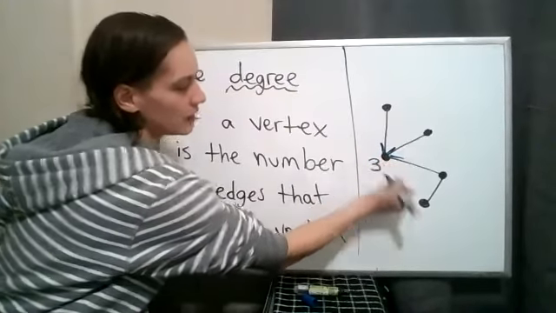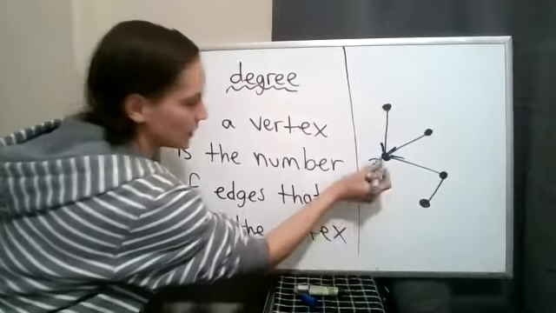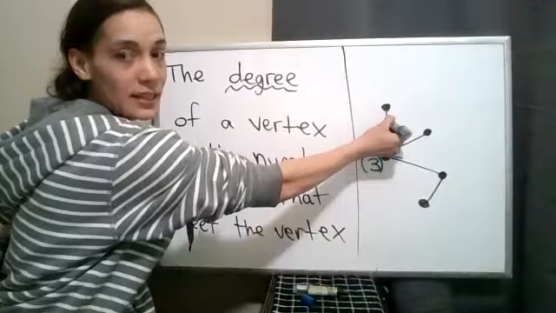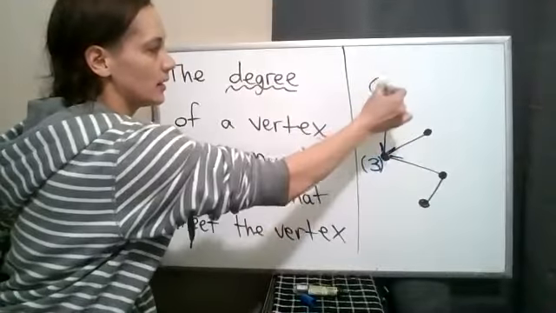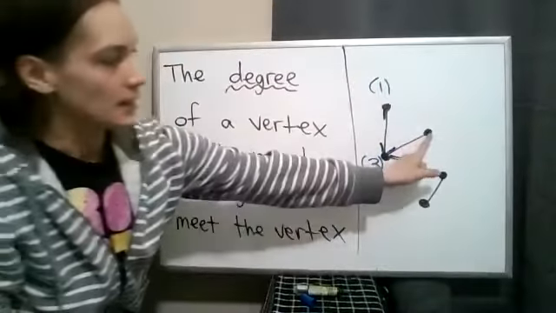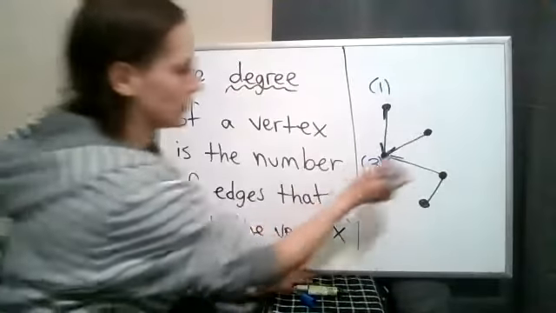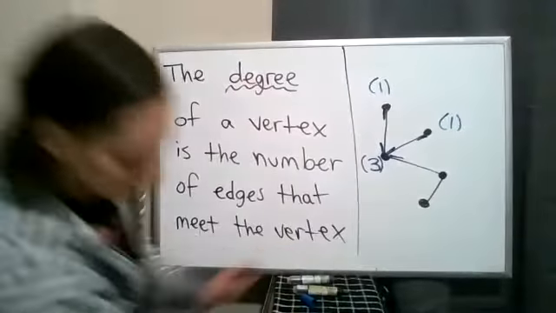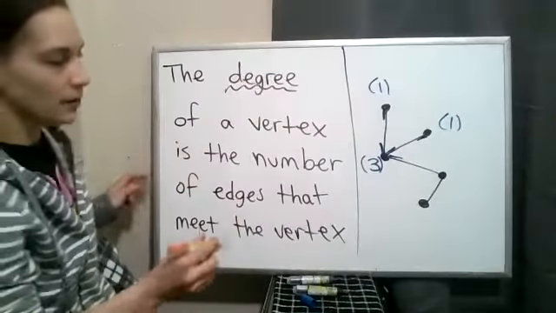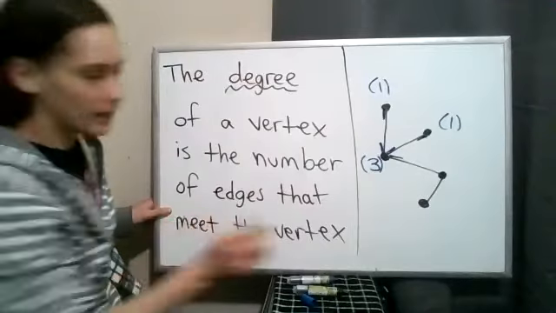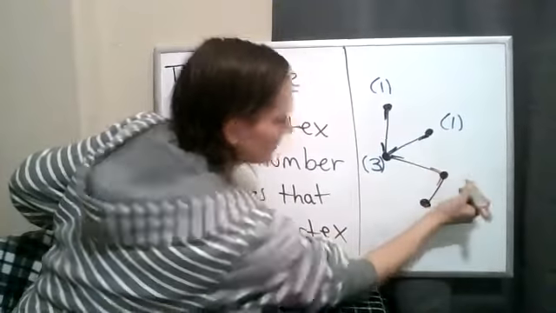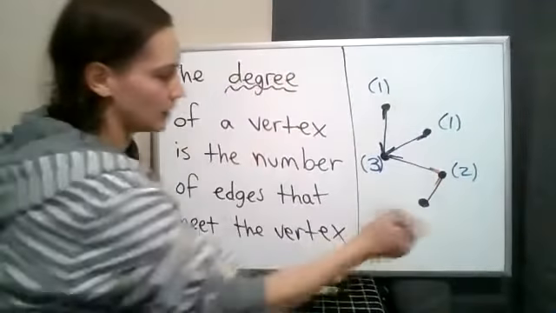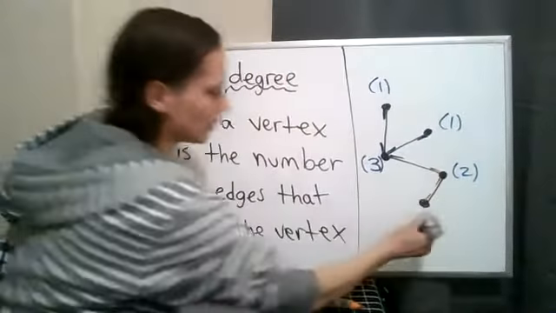So this is degree 3, which we're going to put in parentheses. Okay, this dot has 1 line, so it's degree 1. This dot or vertex has 2 lines that connect to it. So its degree is 2.